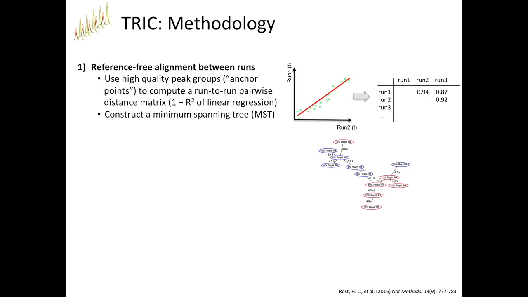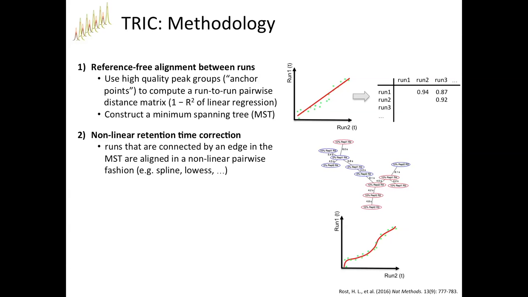Once you have generated this tree, which represents how similar your different runs are in terms of the chromatography, you can do a nonlinear retention time alignment, which means that for adjacent samples in your minimum spanning tree, you can do a nonlinear regression, for example by spline or Loess, to get a good alignment between neighboring runs in this tree.